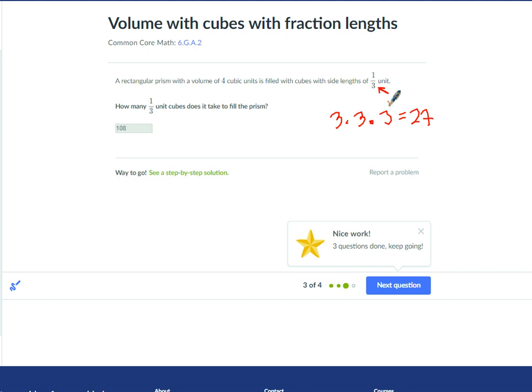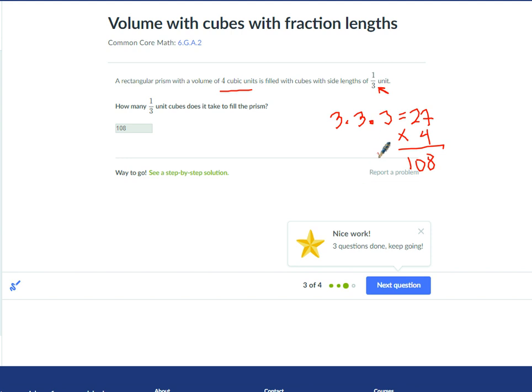And so that is how many 1/3 unit cubes it takes to fill a 1 unit cube. Then, since it's 4 cubic units, I'm going to multiply that by 4. 27 times 4, again, is 108. So that is a quicker way to do it.